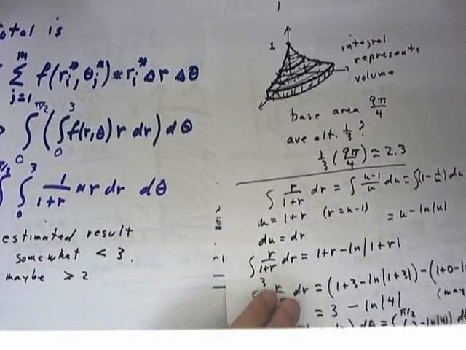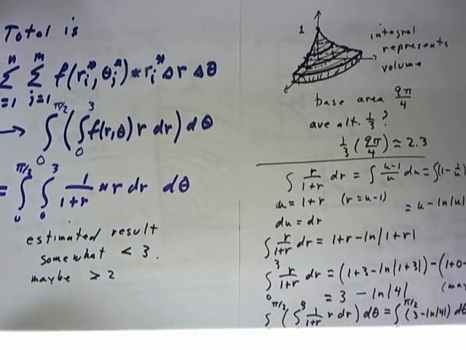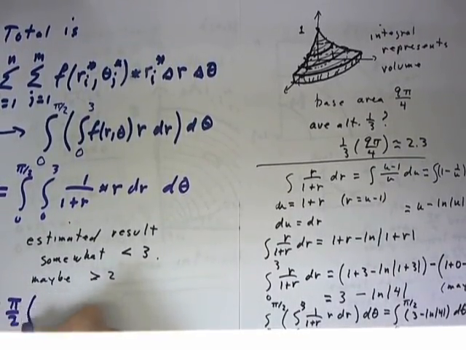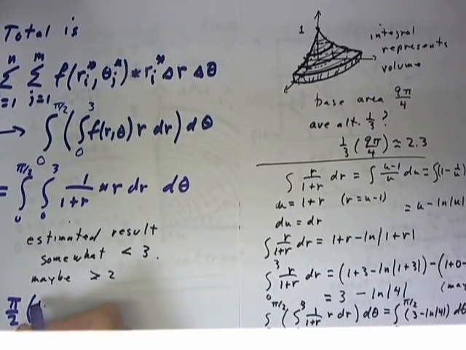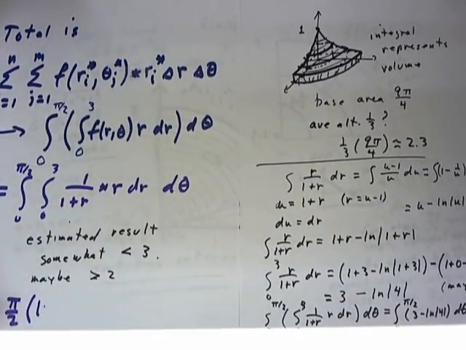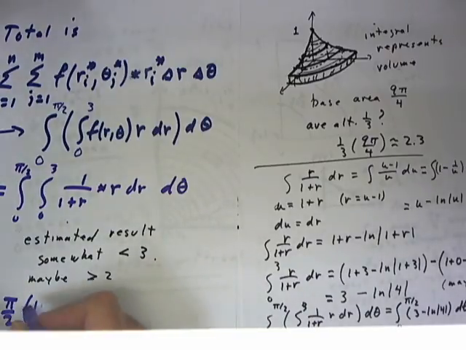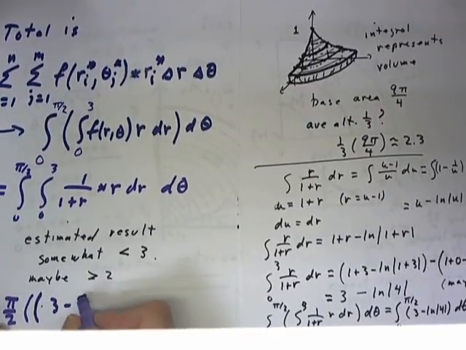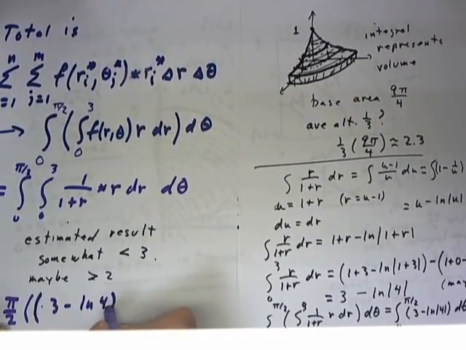Let's bring that back over here and say then that this integral, if I've done everything correctly, should be pi over 2 times... going to have to fix that. I'm not going to bother to repair it. I'm just going to put a redundant set of parentheses in here. Times 3 minus the natural log of 4.